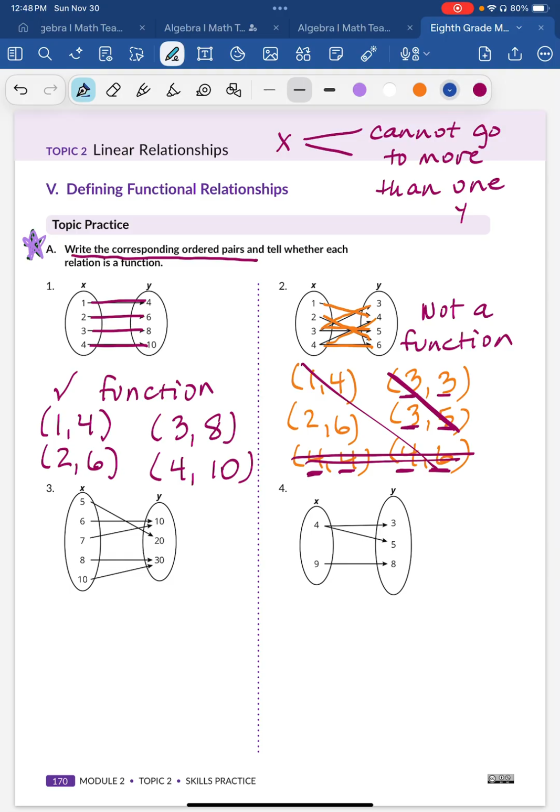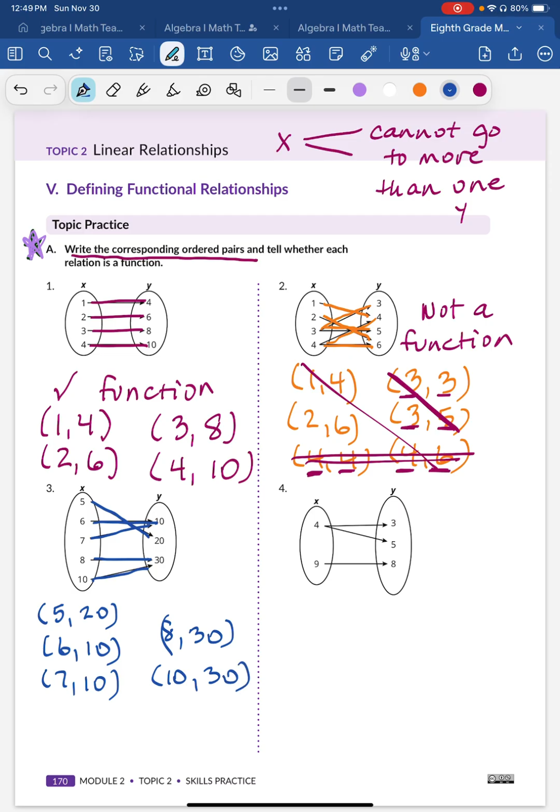So let's do the next one. 5 goes to 20. 6 goes to 10. 7 goes to 10. 8 goes to 30. And 10 goes to 30. Is this a function? Yes.